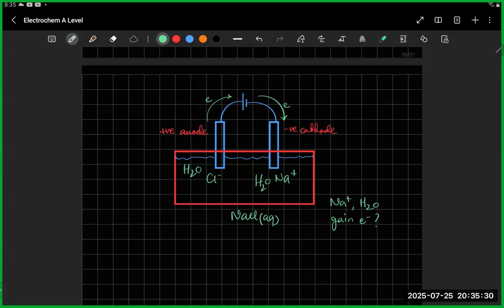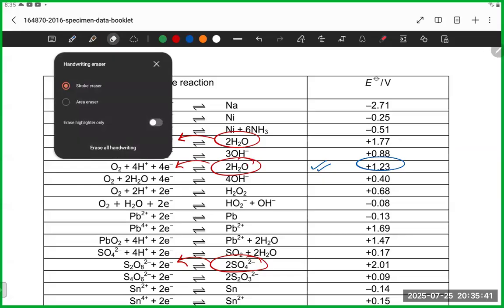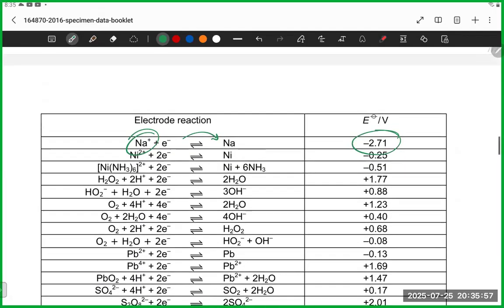Remember the higher potential gains electrons. So Na+ and H2O, look for the equation in the forward direction. So I've got Na+ gaining electrons. That's minus 2.7. That's a very low potential. That means it never really likes to gain electrons.